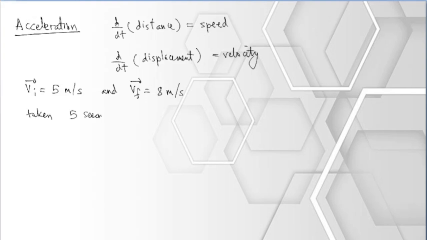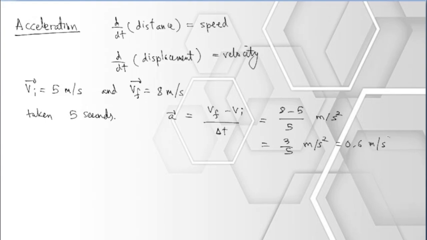So acceleration will be v final minus v initial by change in time, that is equal to (8 minus 5) by 5 meters per second square, that is equal to 3 by 5 meters per second square, or 0.6 meters per second square, right? That is acceleration.